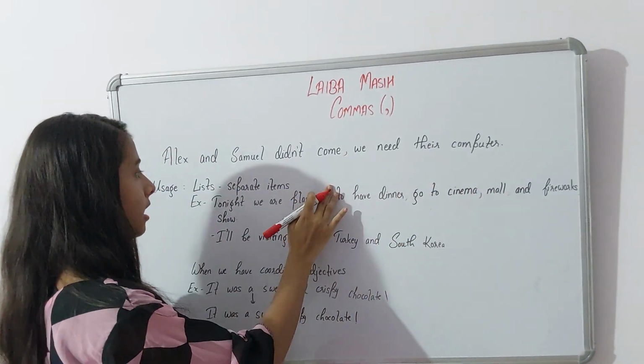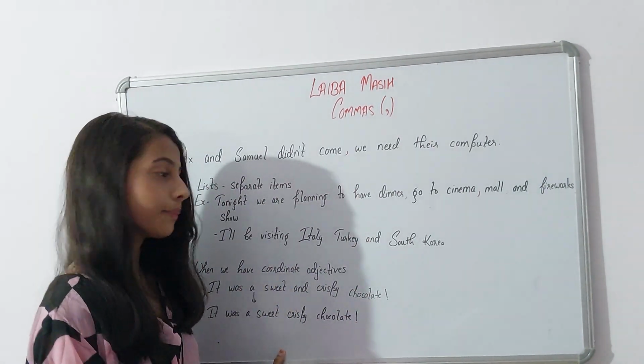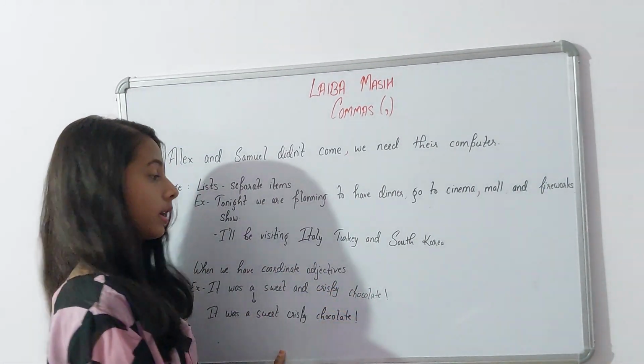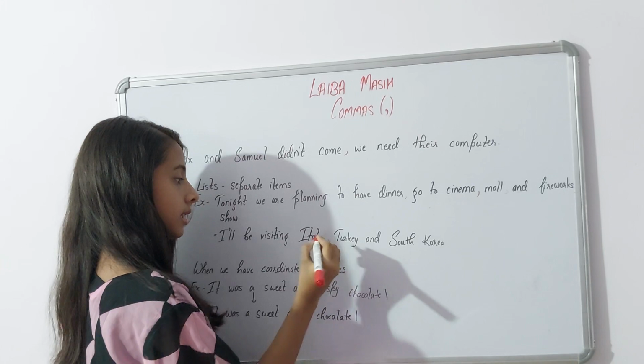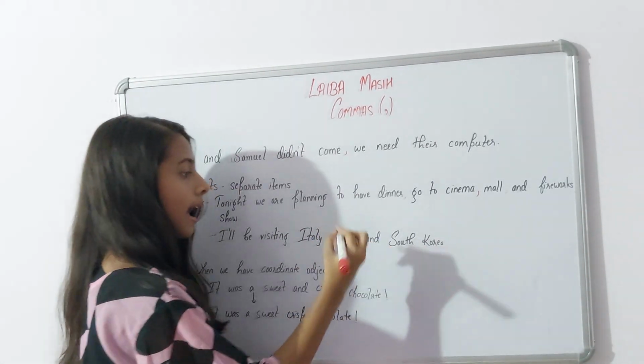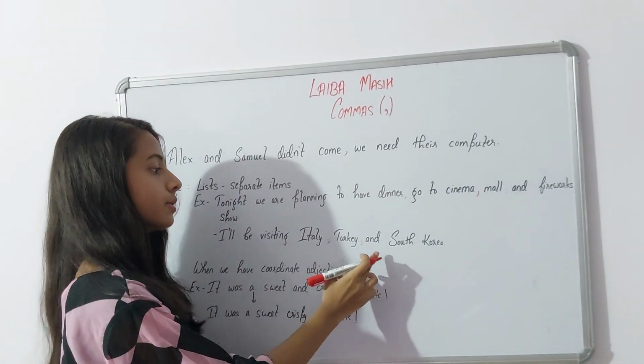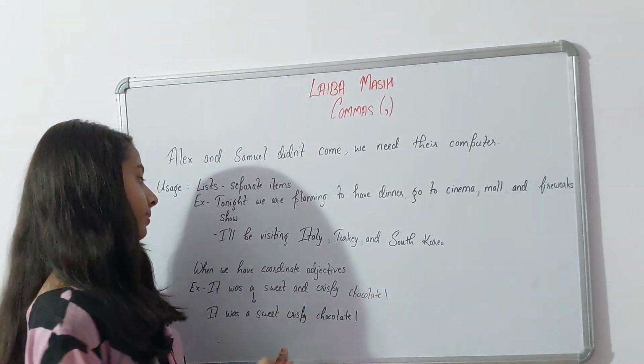So here an example for it is, I'll be visiting Italy, Turkey and South Korea. Adding the commas, I'll be visiting Italy, comma, Turkey, comma, and South Korea. It is an American example because here we are using a comma before and.